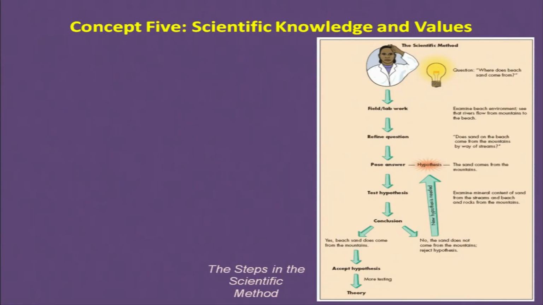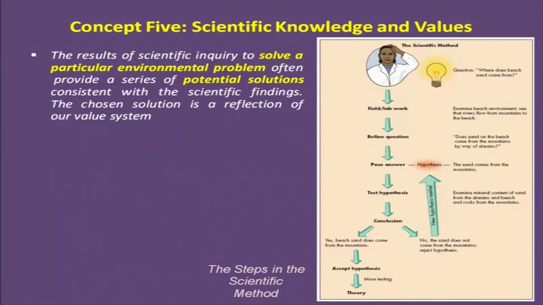What it says here is that the result of scientific inquiry to solve a particular environmental problem often provides a series of potential solutions consistent with the scientific findings. The chosen solution is a reflection of our own value system.